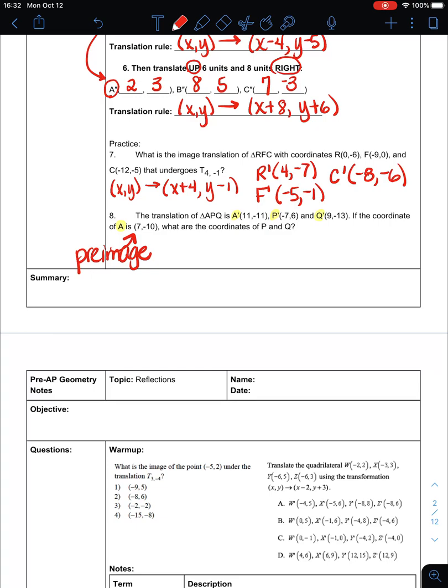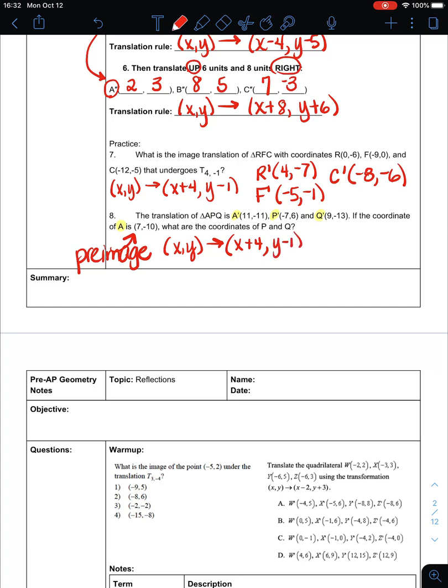So you look, what did it take to go from A to A prime? Well, the rule that we underwent is our (x, y) values became, to go from 7 to 11, I have to add 4, so it'd be x plus 4. And to go from -10 to -11, I would subtract 1 more.